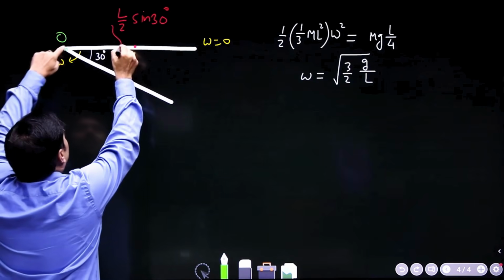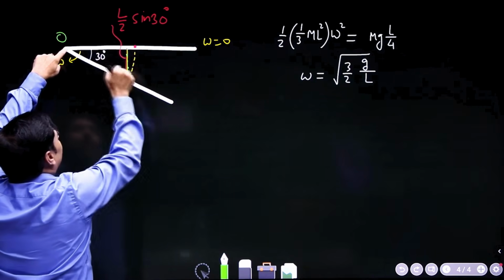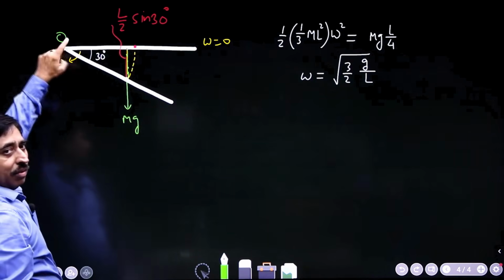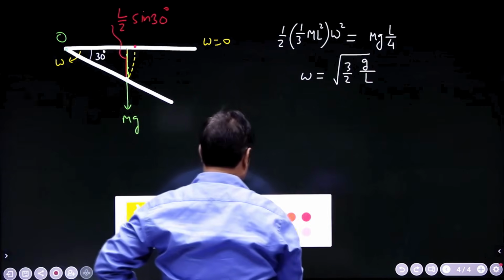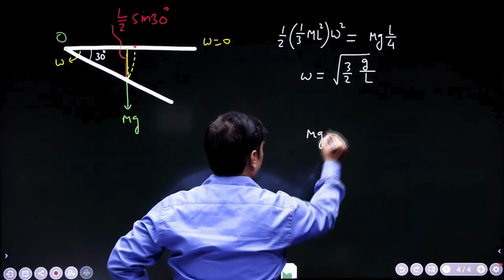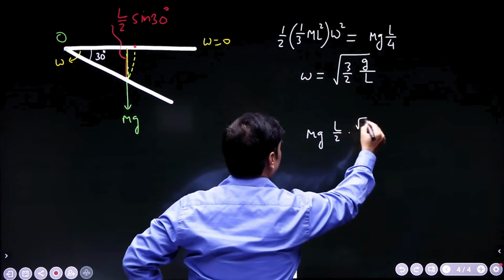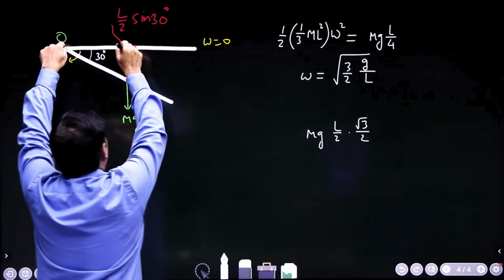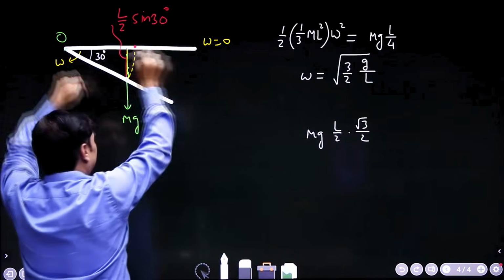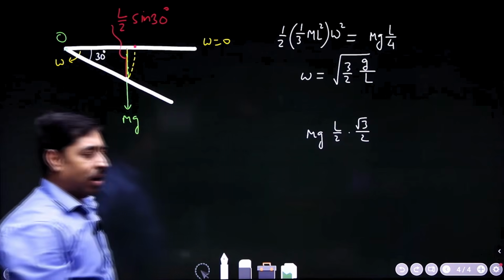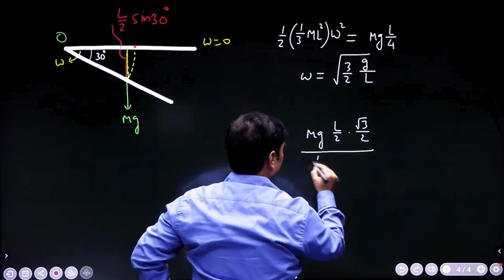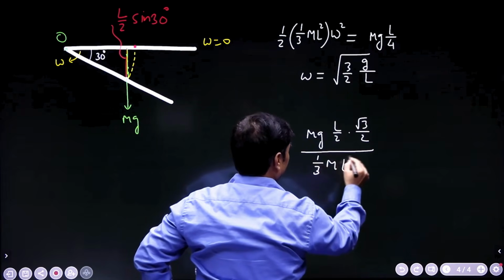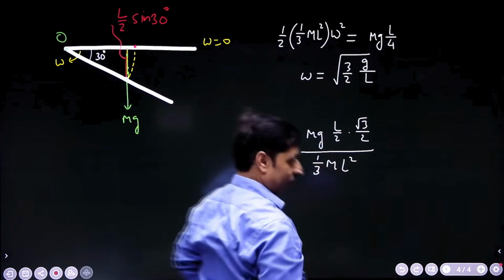And this line is at this much distance from point O, which is L by 2 cos 30 degree. So the torque due to mg is mg times L by 2 cos 30 degree. This length into mg is the torque. And torque divided by moment of inertia, 1 by 3 m L square, is the angular acceleration.